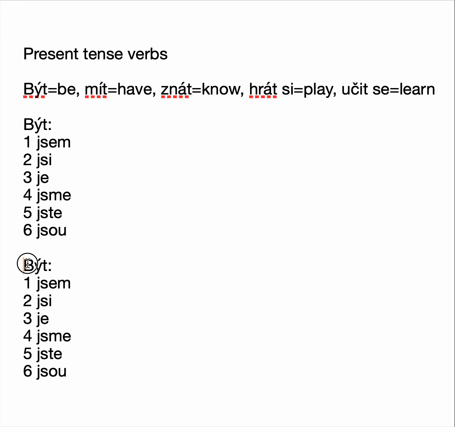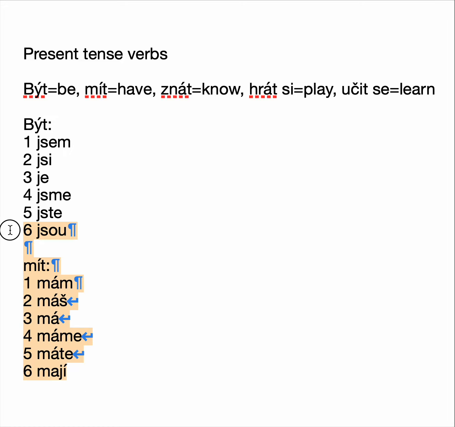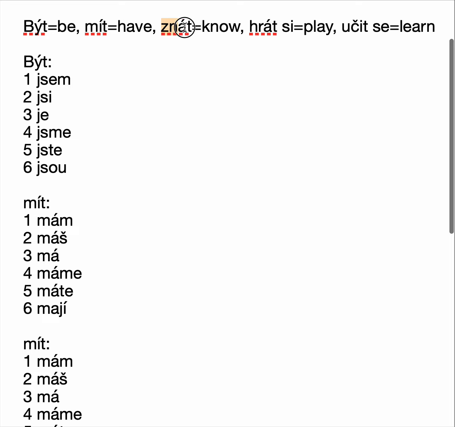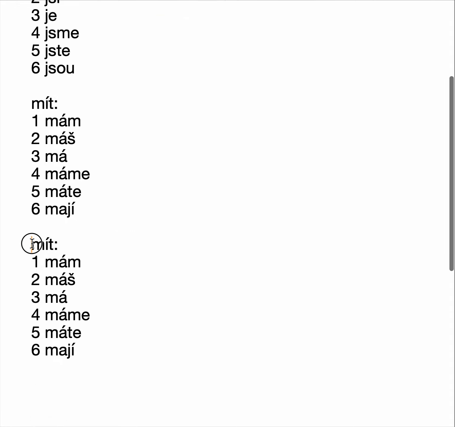So for the word mít, which means have, it's mám, then máš, má, máme, máte, and then mají. And let's do this for the next verb too. The next verb is going to be znát.